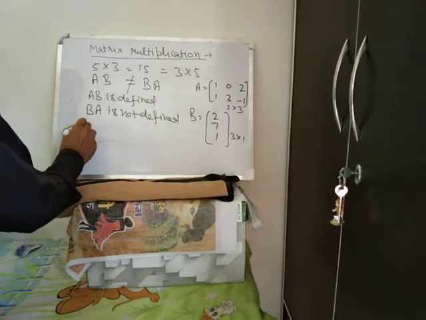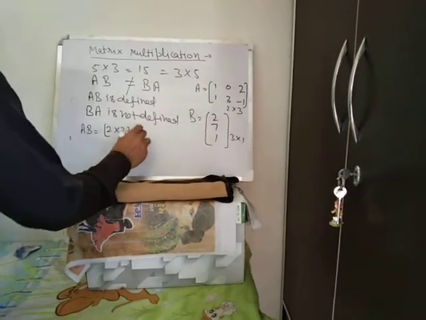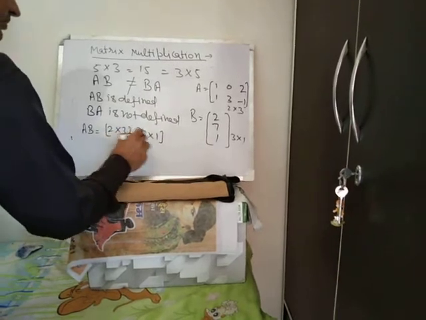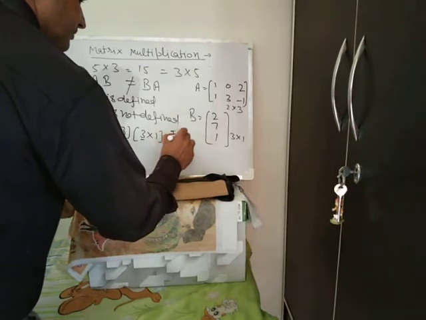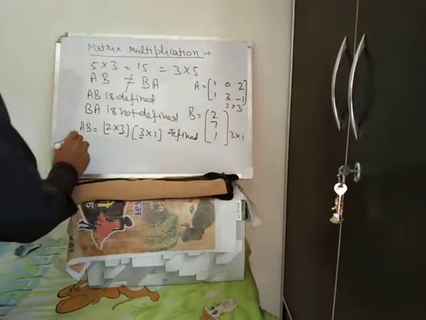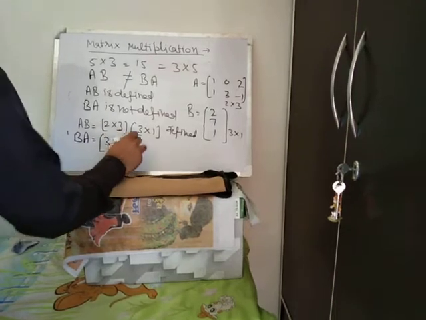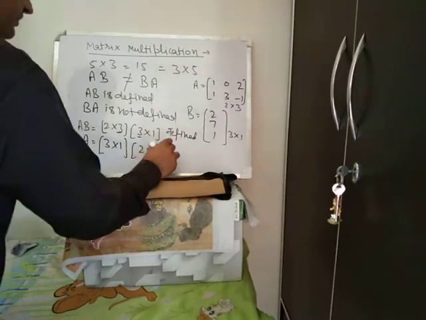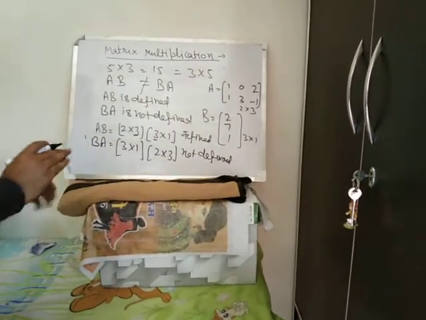For A into B, 2 by 3 for A and 3 by 1 for B, these are equal, so the product is defined. But for BA, it is 3 by 1 and 2 by 3, not defined. The product is not defined.